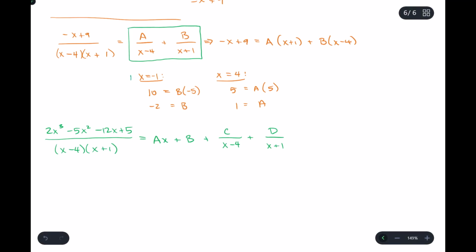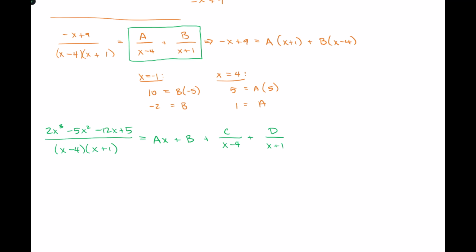But these terms here, ax plus b, they don't have any denominators that are going to cancel out these terms here. And so strategic values of x aren't going to work for solving for a and b. They will for c and d, but then you'd have to do the method of equated coefficients or some other method to figure out what a and b are.